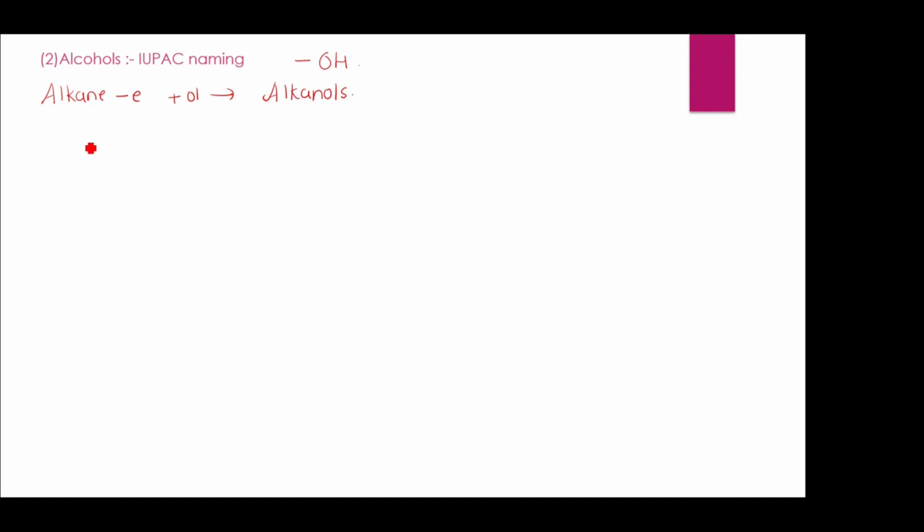So for example, we'll take one example, CH3OH. Since it has only one carbon, we can say that it is meth. Plus again we have all single bonds, so an, and the functional group is ol.